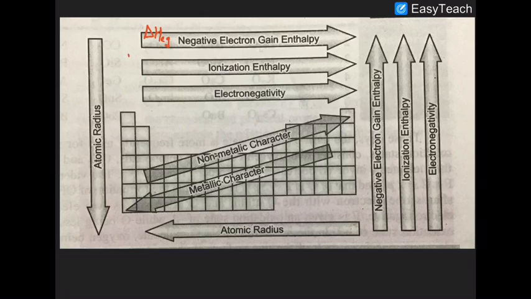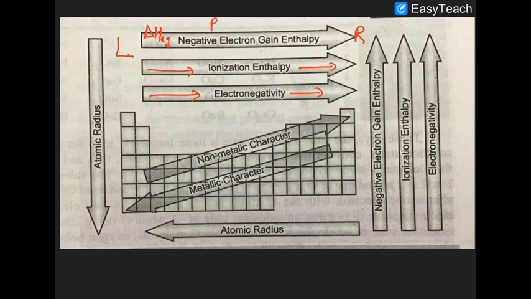If you move left to right in a period, ionization enthalpy also increases. Electronegativity increases if you move left to right. So in a period, electron gain enthalpy increases, ionization enthalpy increases, electronegativity increases.